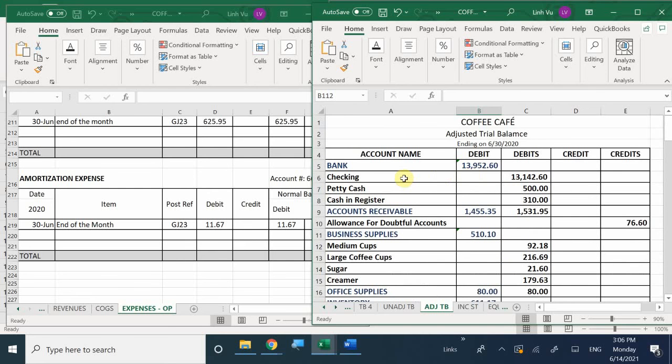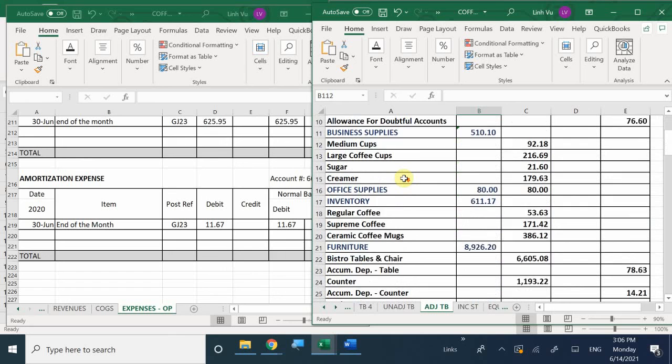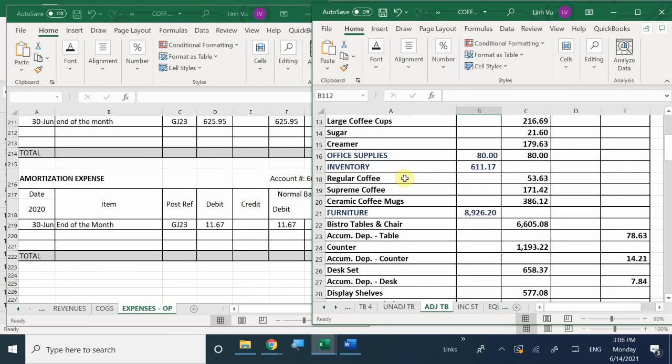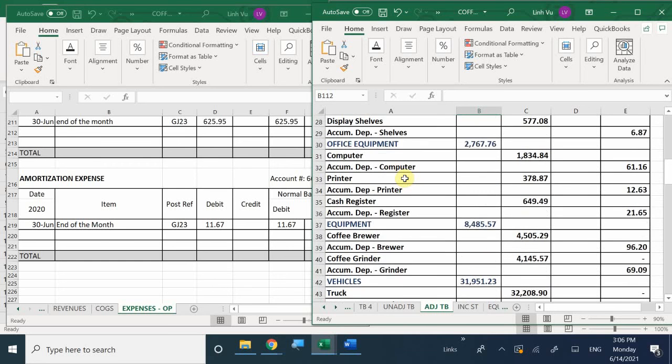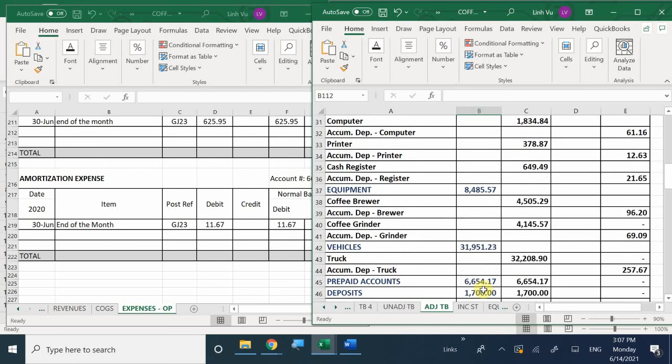Yeah, just right there. Scroll down a little, please.